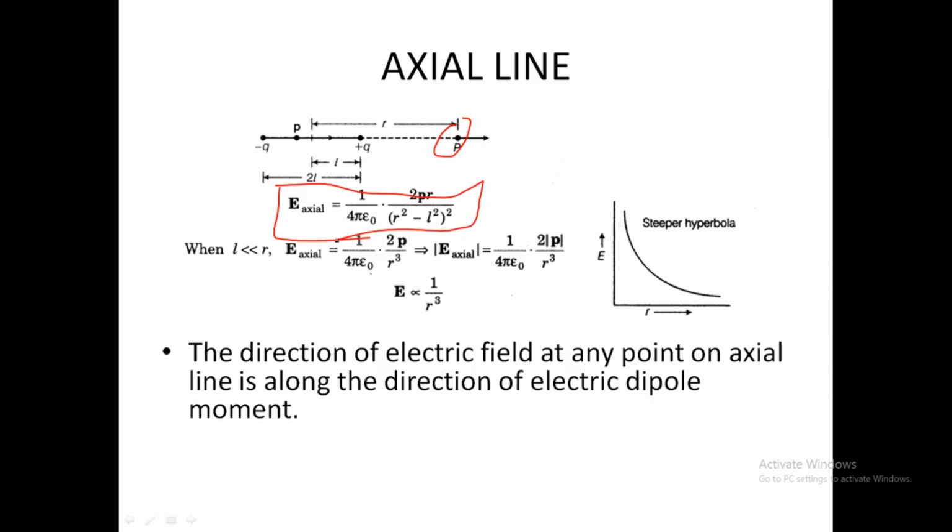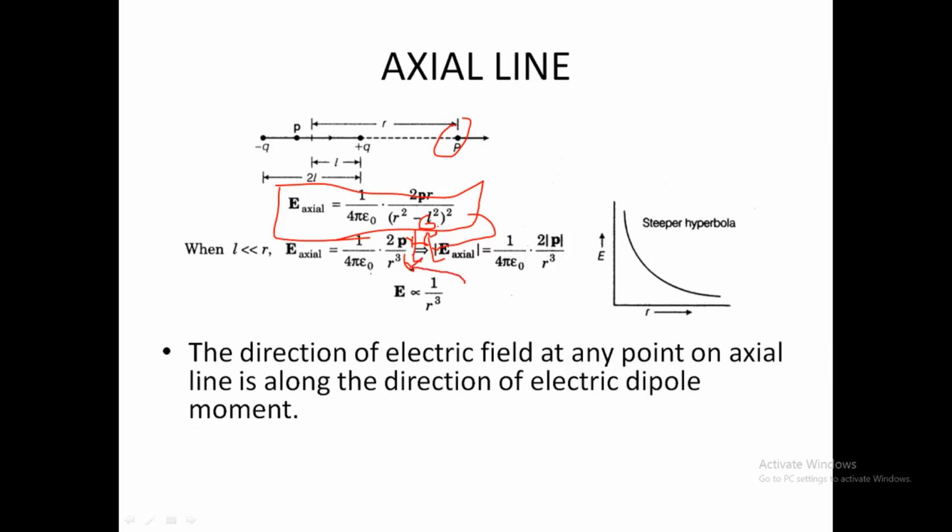When the distance r is very much larger than the distance between the two point charges, the dipole length, this equation is further simplified into 1 by 4 pi epsilon naught into 2p by r cube. Since l is very small, we can consider it 0. So this becomes r per 4 and r per 4, and on cancelling it becomes r cube in the denominator.